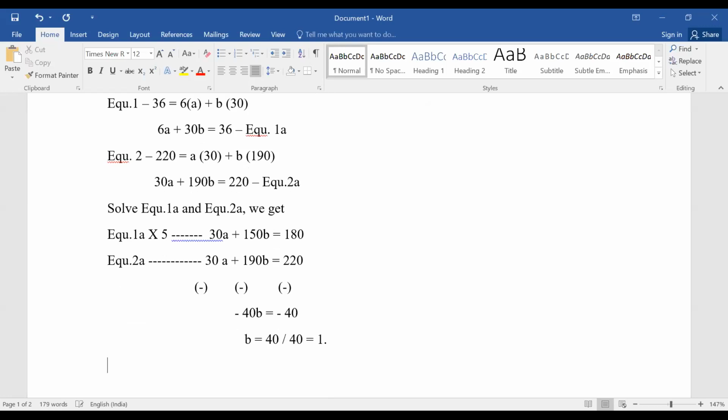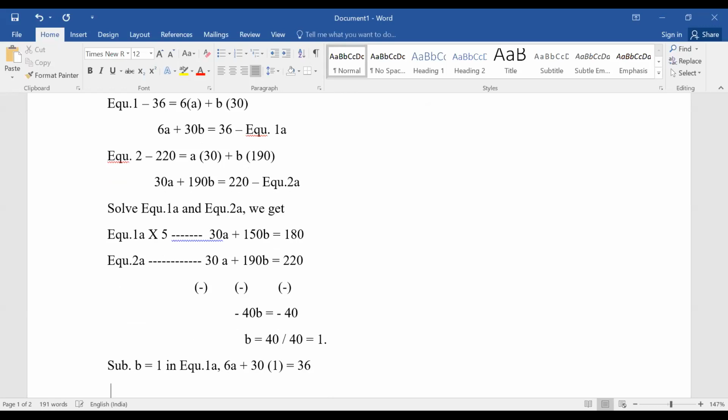Substitute b equal to 1 in equation 1a. Equation 1a is 6a plus 30b equal to 36. So 6a plus 30 into 1, because we are substituting b as 1, equal to 36.